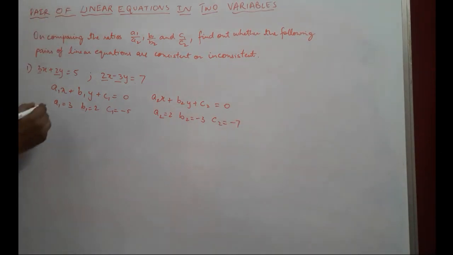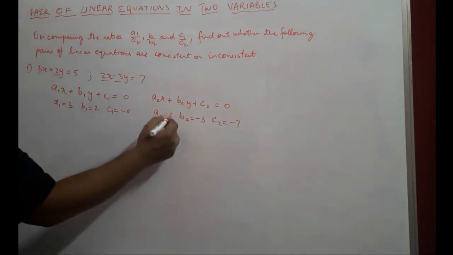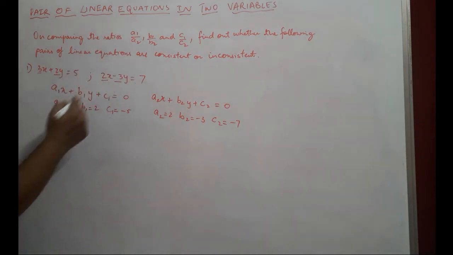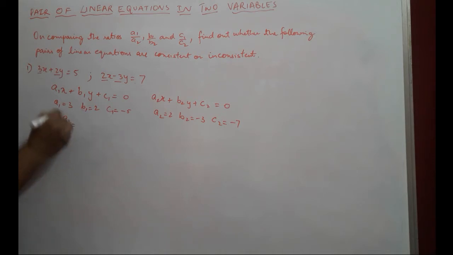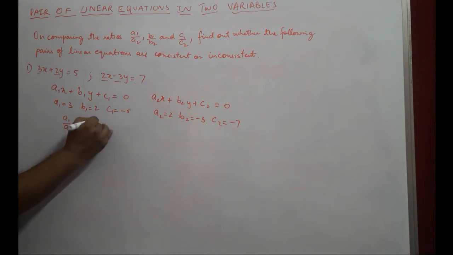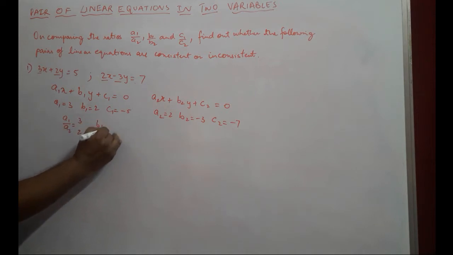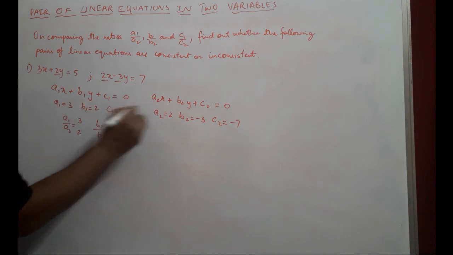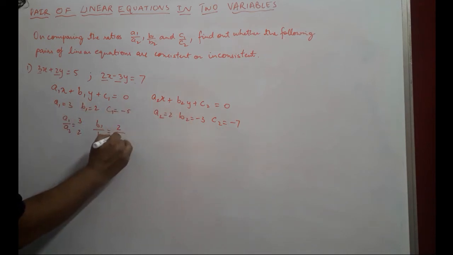Now that we have got a1, b1, c1 and a2, b2, c2, let us compare them in the ratios that we have been given. What is a1 and a2? We'll write that down first. So a1 upon a2 is equal to 3 upon 2. b1 upon b2 is equal to, what is b1? 2. b2 is minus 3.